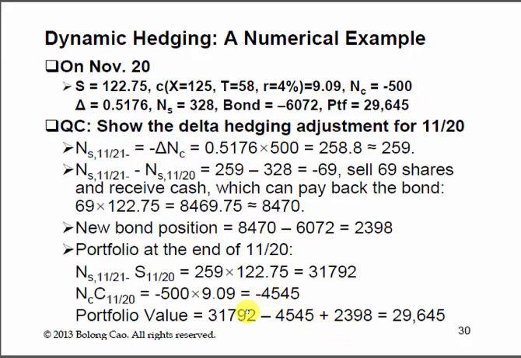And the whole portfolio value is what? We have the long position in the underlying stock and this liability, but now on the asset side you still have $2,398 in T-bills. The whole portfolio value is still 29,645. Same portfolio value.